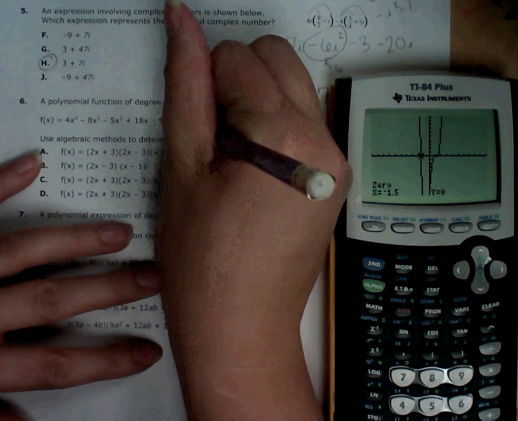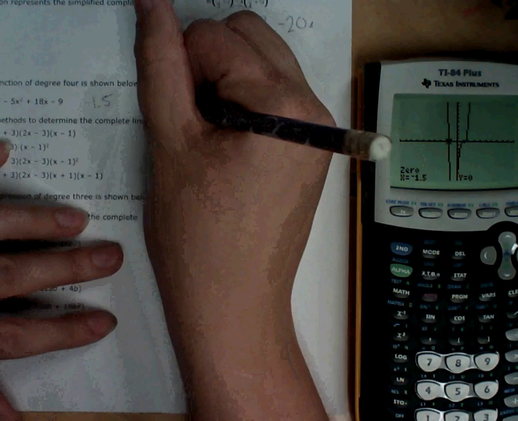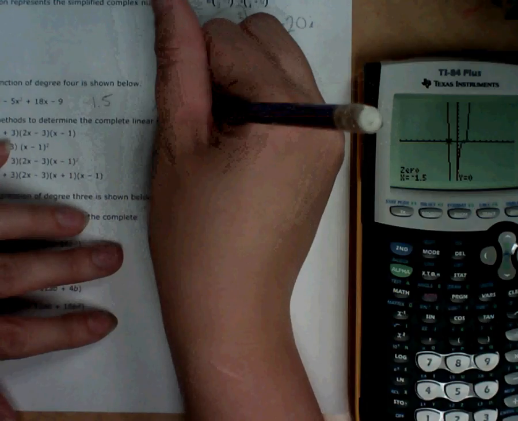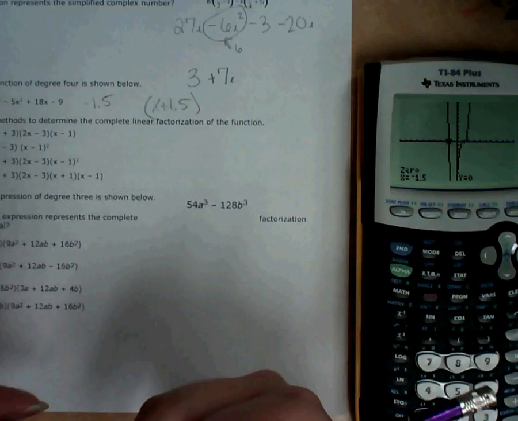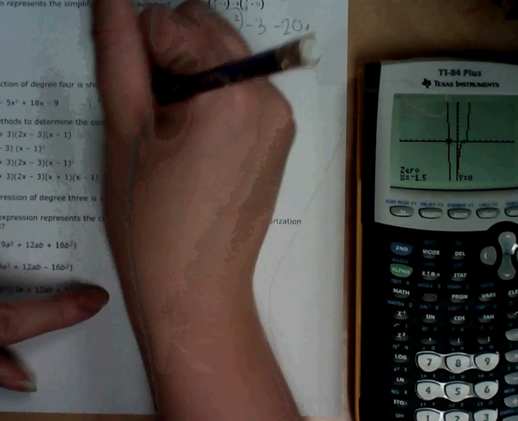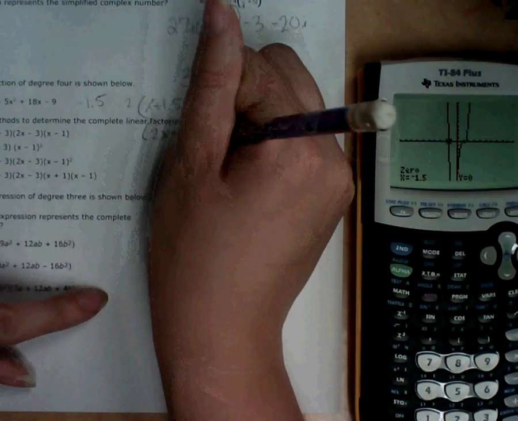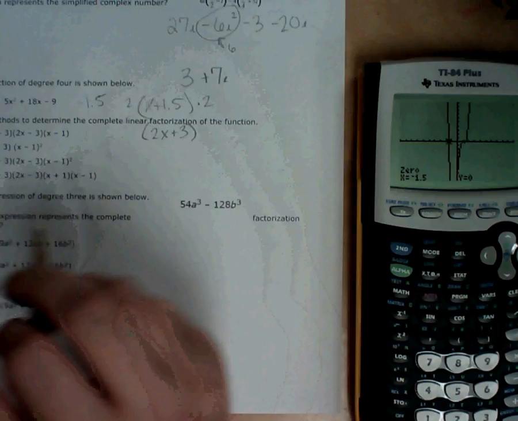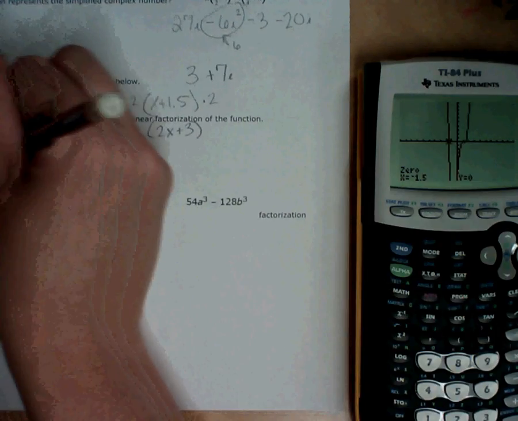So if negative 1.5 is a solution, then x plus 1.5 would be a factor. Now because your factors don't normally have fractions, you want to get rid of this 1.5. So I'd multiply this by 2. So I need to have a factor of 2x plus 3. So any of mine over here that don't have 2x plus 3, I'm going to mark them out. So I can immediately mark out B.